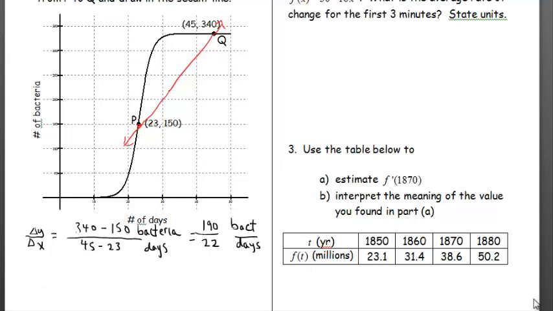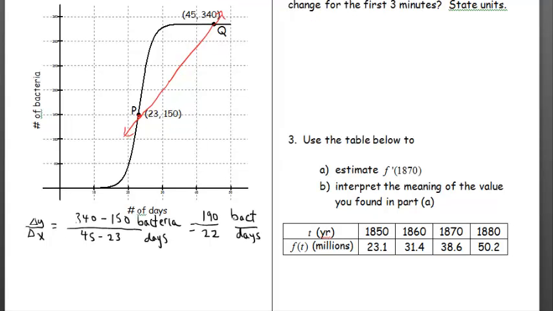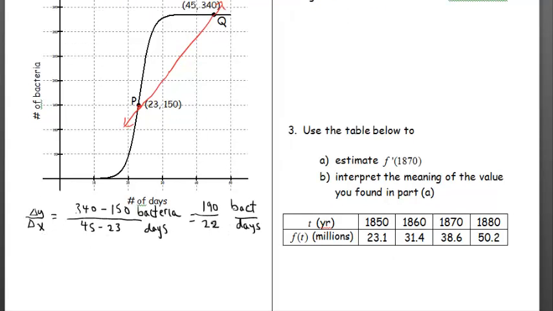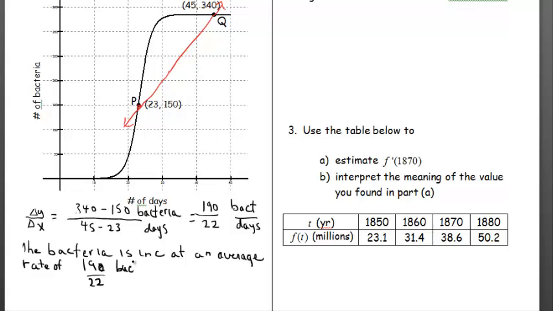If you were asked to interpret the meaning of your answer, I actually found an average rate of change, okay, and it's positive. So in the context of the problem, it just means that the number of bacteria is increasing at an average rate of, let's dump in the number we found, 190 over 22 bacteria per day.